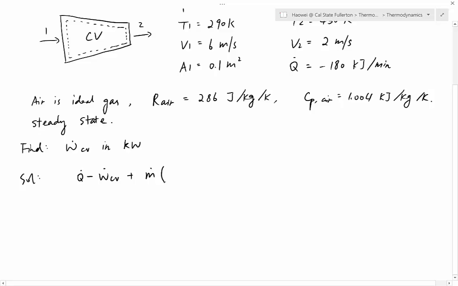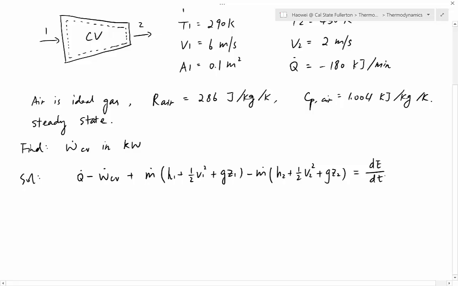And also, there's only one inlet, so there's no need to use sigma. Then h1 plus 1 over 2 V1 squared plus g z1, minus m dot outlet, h2 plus 1 over 2 V2 squared plus g z2. And the right-hand side is equal to dE over dt.